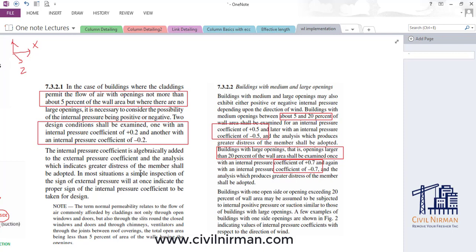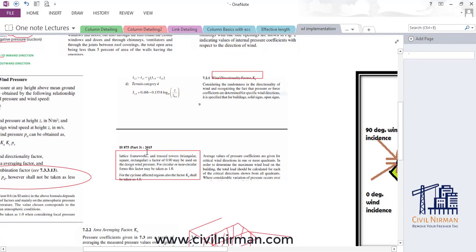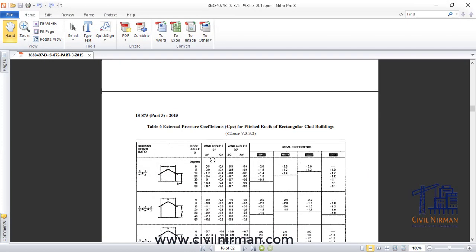If it is between 5 to 20%, then your coefficient will be plus or minus 0.5, and if it is more than that, then you have to consider the coefficient as plus or minus 0.7. So that is another important part.